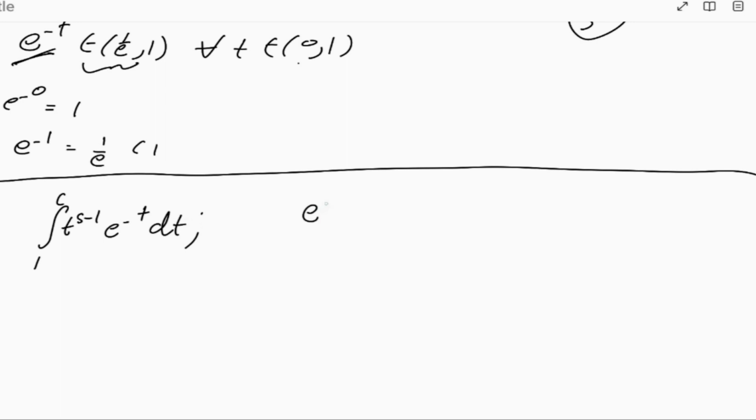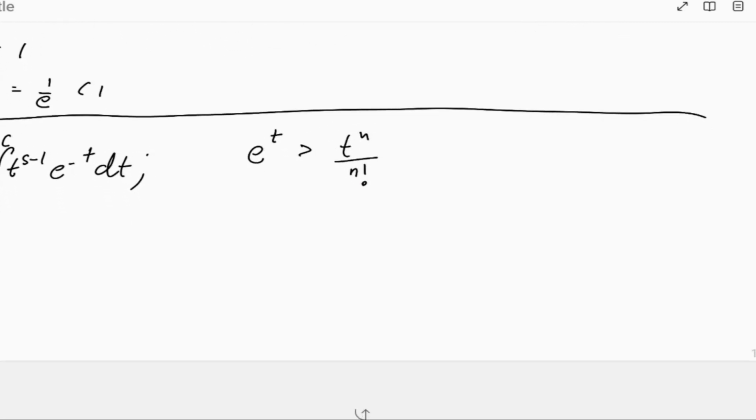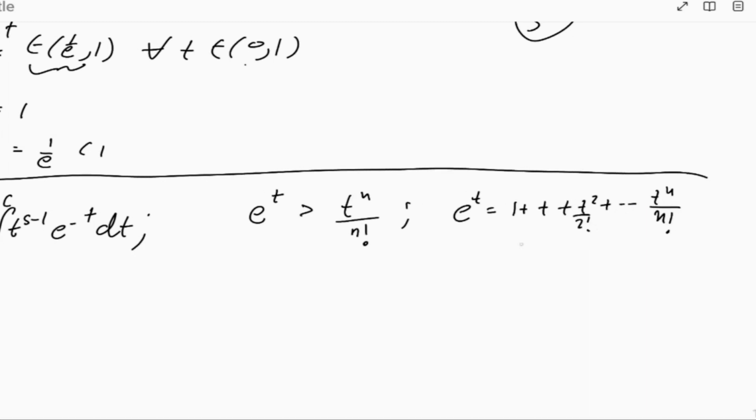Now I'll use the truncated Taylor version, e^t is clearly greater than t^n over n factorial. I say this is truncated Taylor version because you know the Taylor expansion for e^t is simply this series. What they've essentially given us is the same series, but they've ignored every other term except the last one. So of course this is bigger.